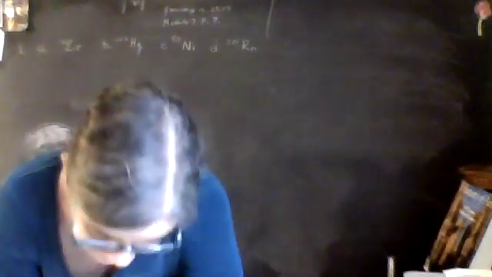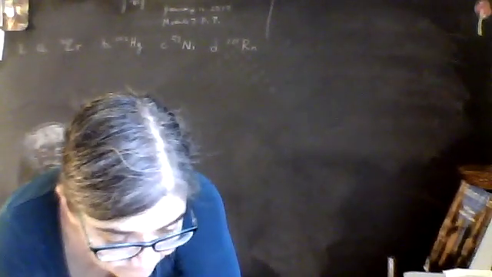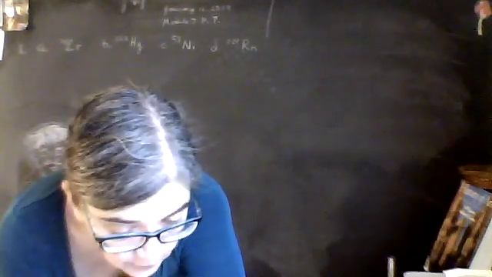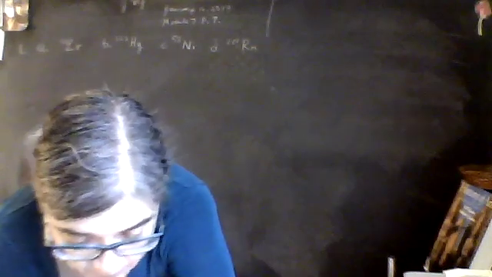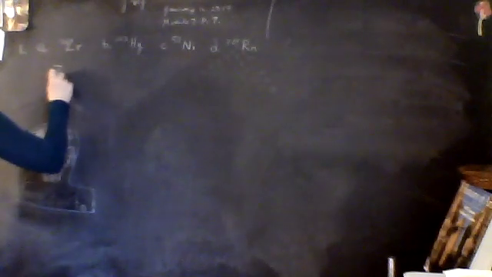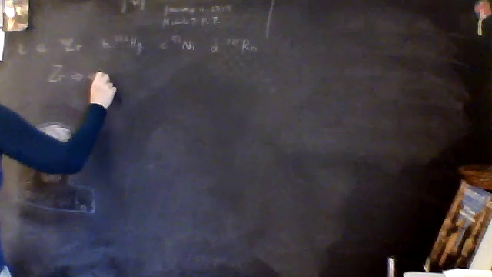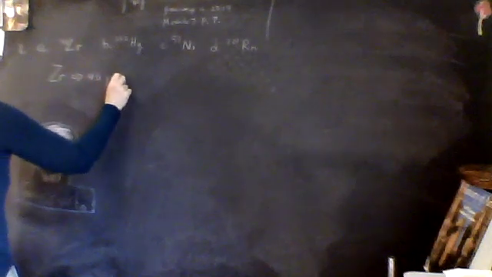Okay, so what does the 90 mean, Marty? It means the number of those 3 particles it has. No, it's actually just the neutrons and the protons. So if you're looking at the periodic table, we see that the atomic number of Zr, zirconium, is 40. That means it has 40 protons.